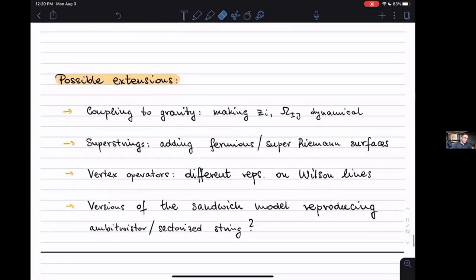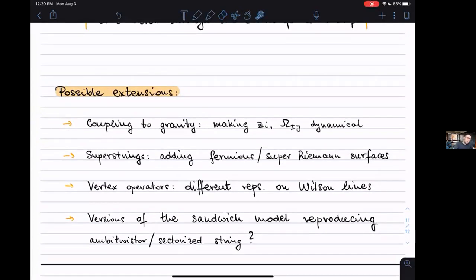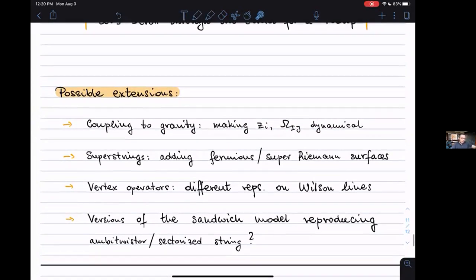Possible extensions would include, for example, coupling to gravity, which would promote these moduli to dynamical degrees of freedom. Then you can ask about superstrings, which would either amount to adding some fermions on the worldsheet or the free manifold, or considering super Riemann surfaces.